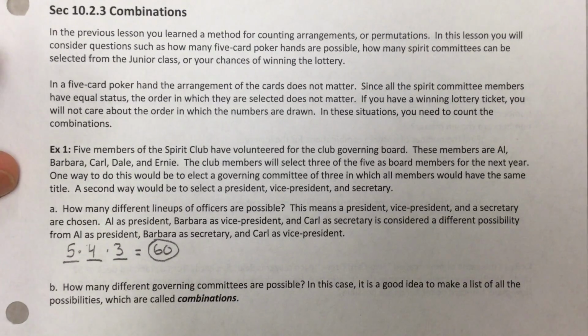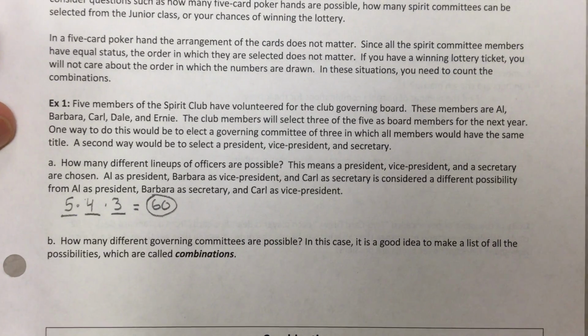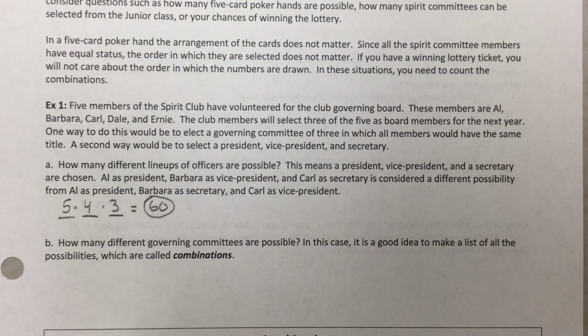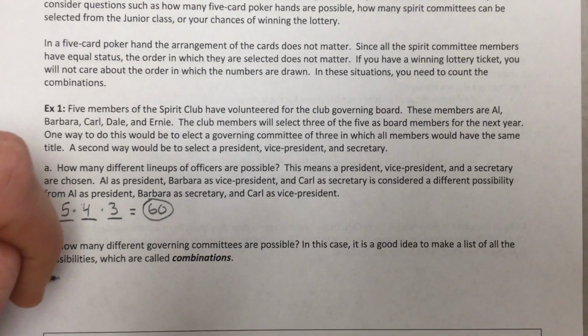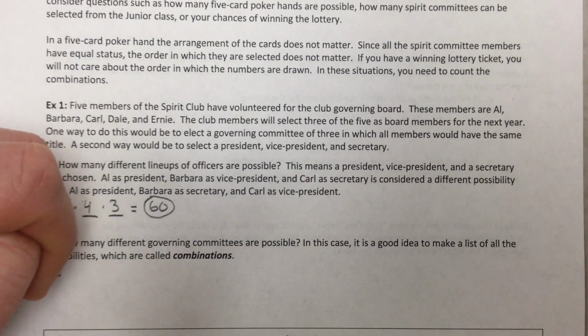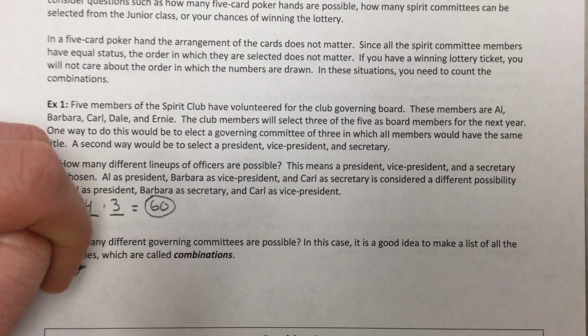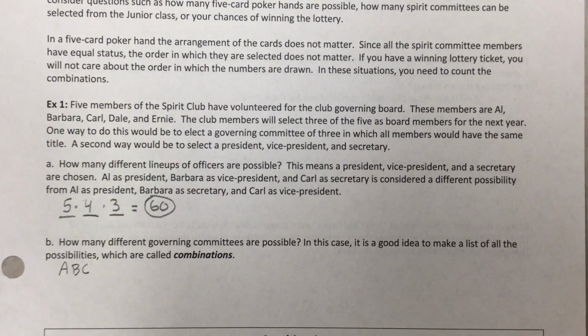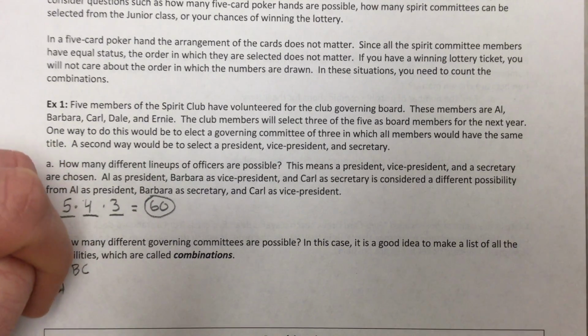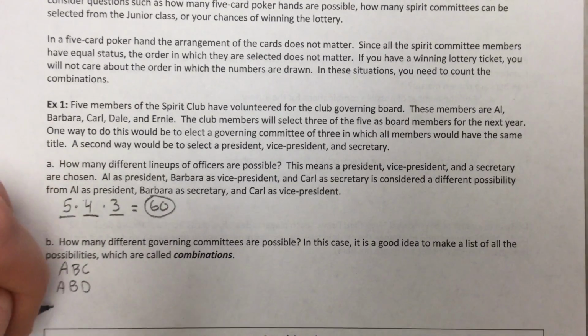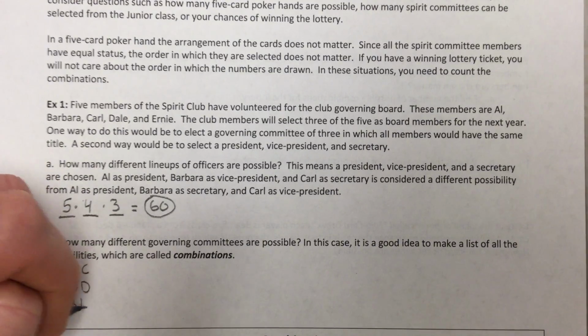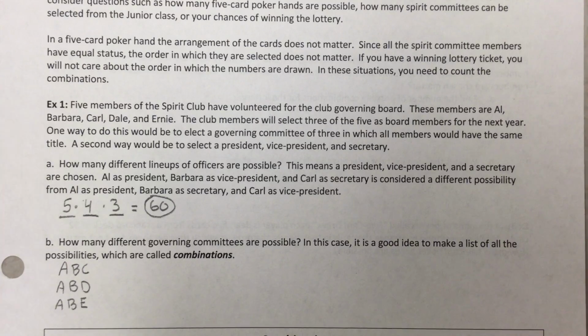Part B says how many different governing committees are possible. In this case, it is a good idea to make a list of all the possibilities, which are called combinations. If we think about this in terms of grouping of people, not necessarily the order, we would have Al, Barbara, Carl as one group. We could then have Al, Barbara, and Dale as another group, and Al, Barbara, and Ernie as a third group.